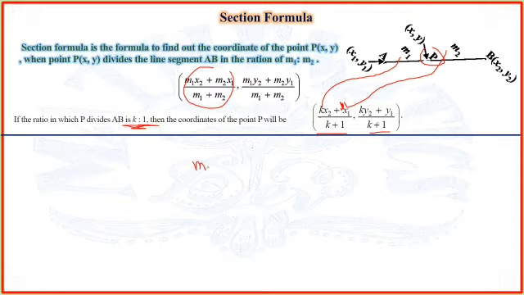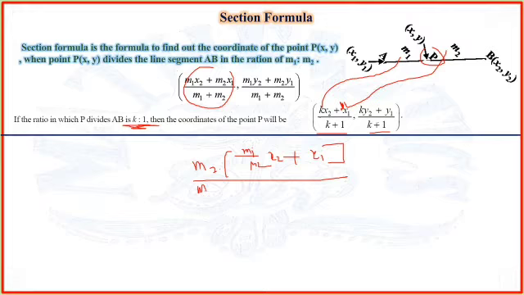Taking m2 common from the numerator, we will have (m1 upon m2) x2 plus m2 taken out, so only x1 is remaining in the numerator, and in the denominator m2 taken common, so we will have m1 upon m2 plus 1.